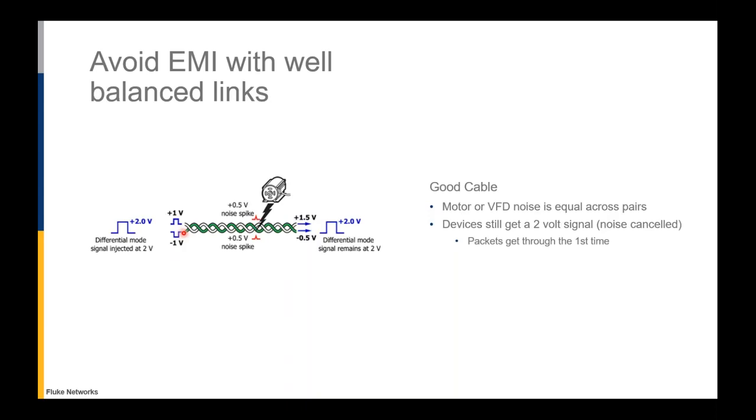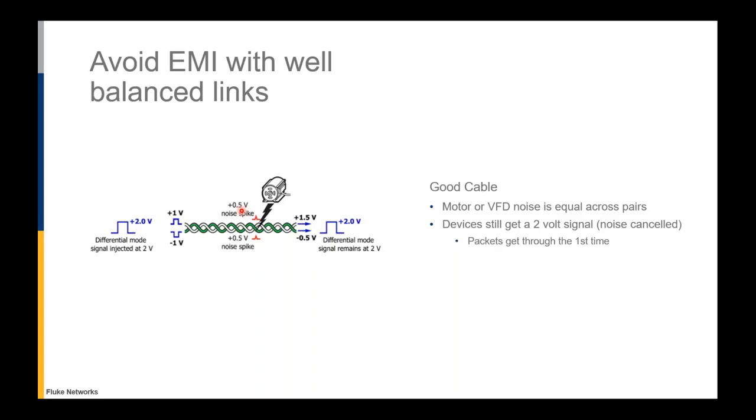Now, as the signal travels down the cable, if each leg of the pair has the same electrical characteristics, has good geometry, we say that the cable is well balanced. So here's that noise spike, and as the noise gets on the cable, I'm going to say that we're getting a 0.5 volt that attaches to each leg of the pair.